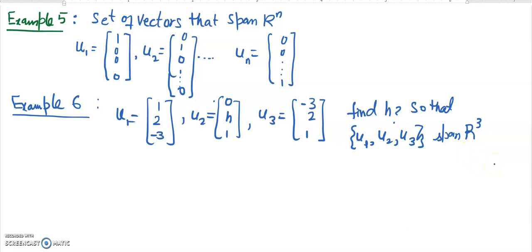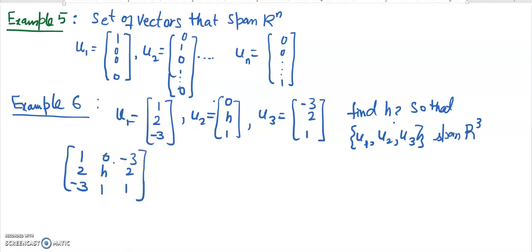So as usual, we can take these 3 components of the vectors, 1, 2, -3, and 0, h, 1, and -3, 2, 1.